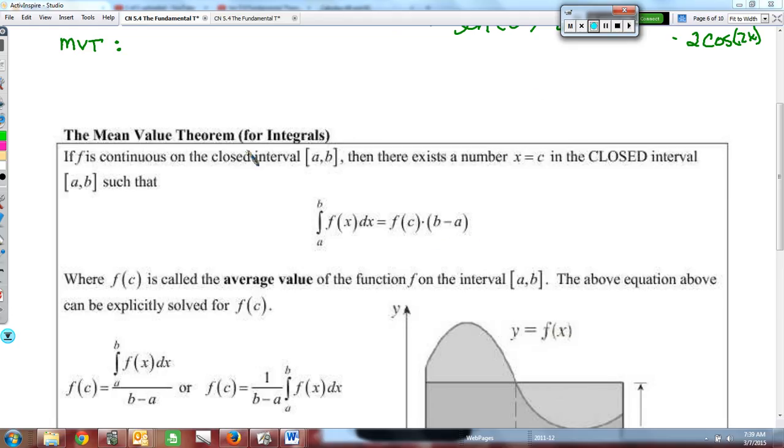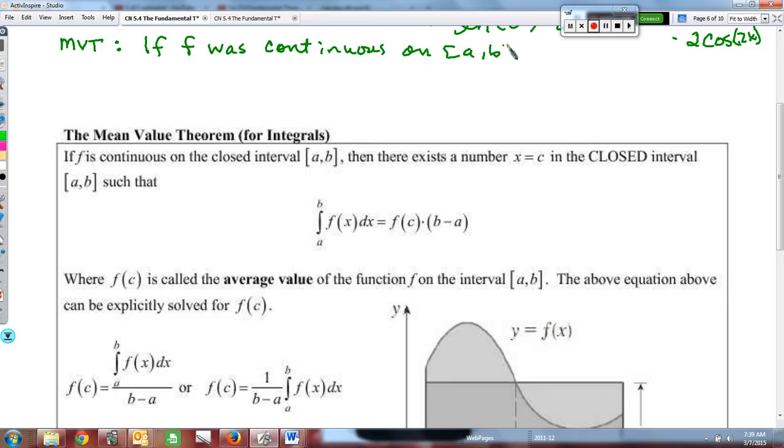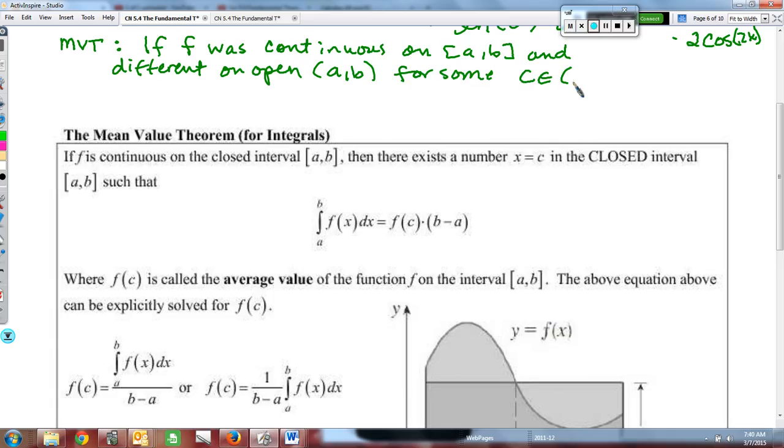we had the conditions that were necessary for the mean value theorem, that if we had a function f that was continuous on the closed interval and differentiable on the open interval a to b, that what we knew is that for some c in the interval a to b, it had to be true that the instantaneous rate at that value c had to equal the average rate of change over the entire interval.